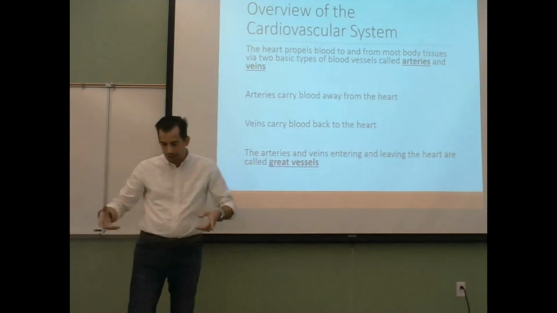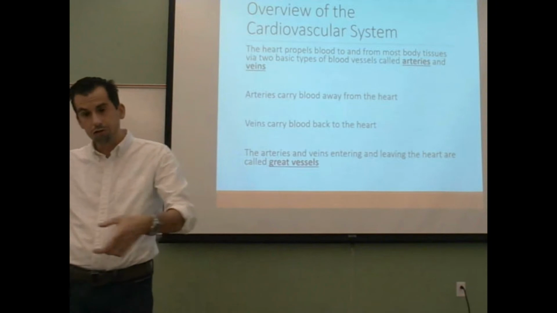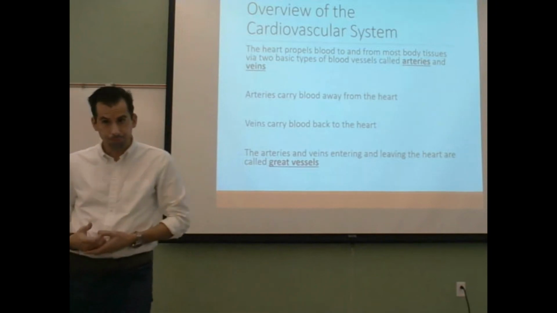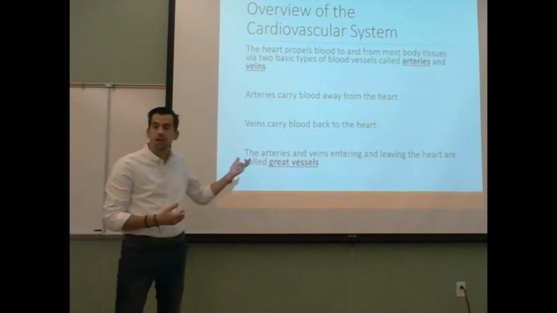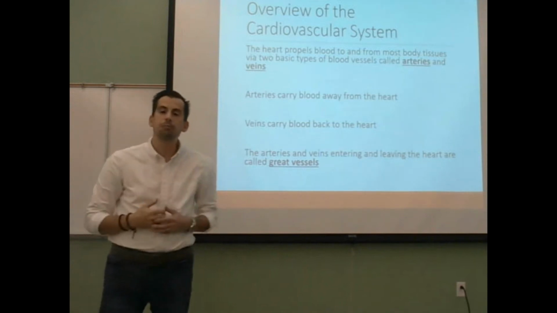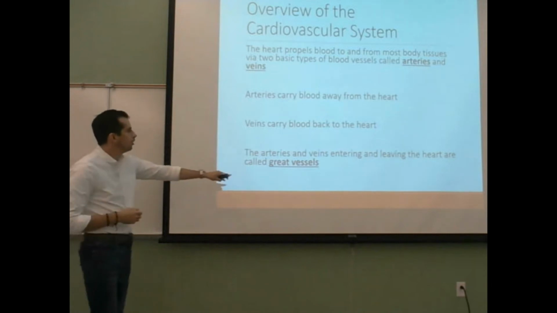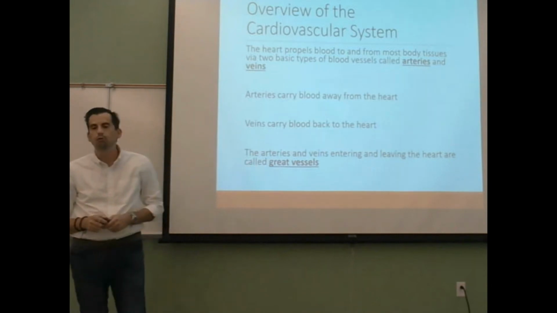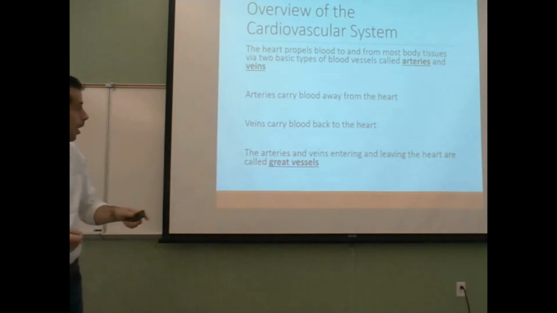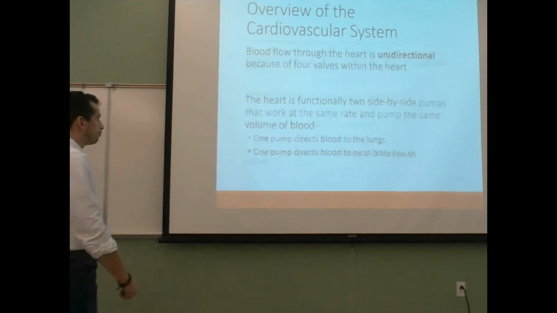And as those small veins converge together to form larger veins, and those larger veins converge together to form even larger veins again, we will see the venous side of our circulatory system increase in size as blood's coming back to the heart. And as mentioned, it's the great vessels that we're going to be paying most attention to as far as naming goes, and we'll be naming those once we look at heart anatomy. That's where they'll apply.